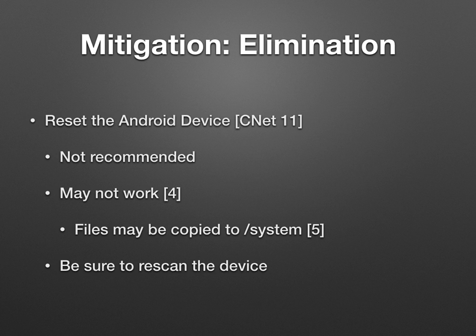It may not work because the malware copies files to a partition called /system, and that's used when you reset the device. So when you reset it, it reinstalls itself. If you try it, download some software to scan it and make sure that it's removed.